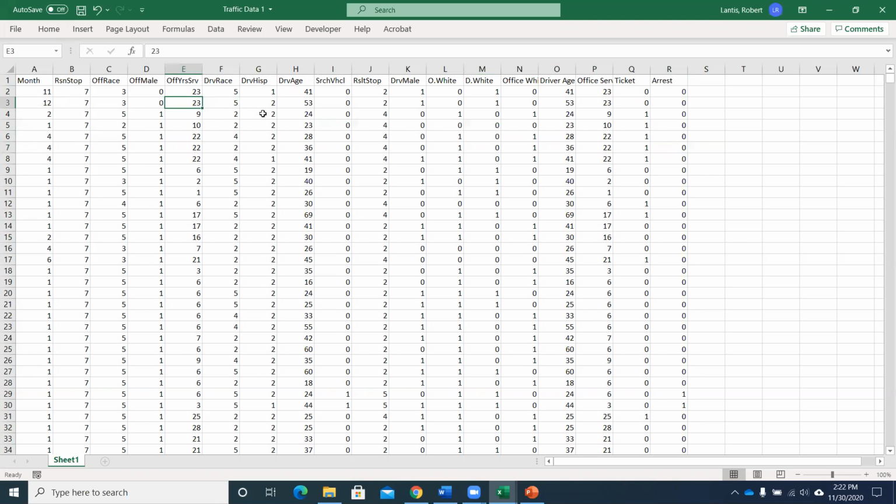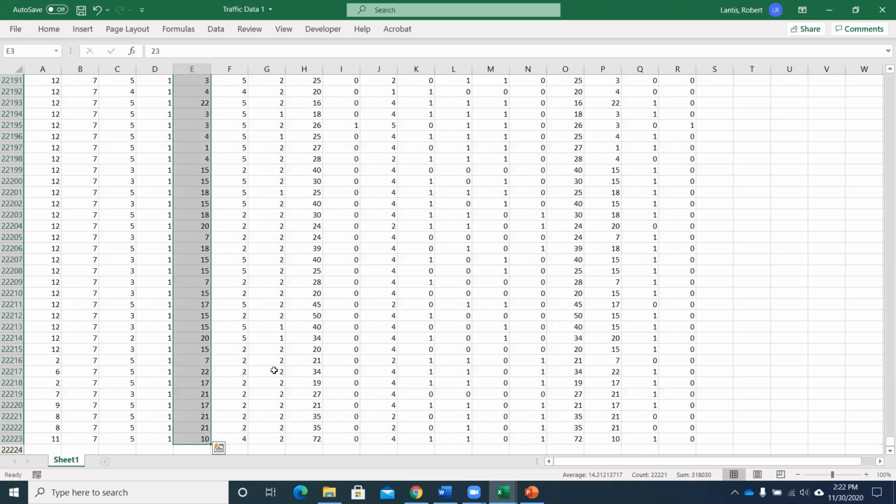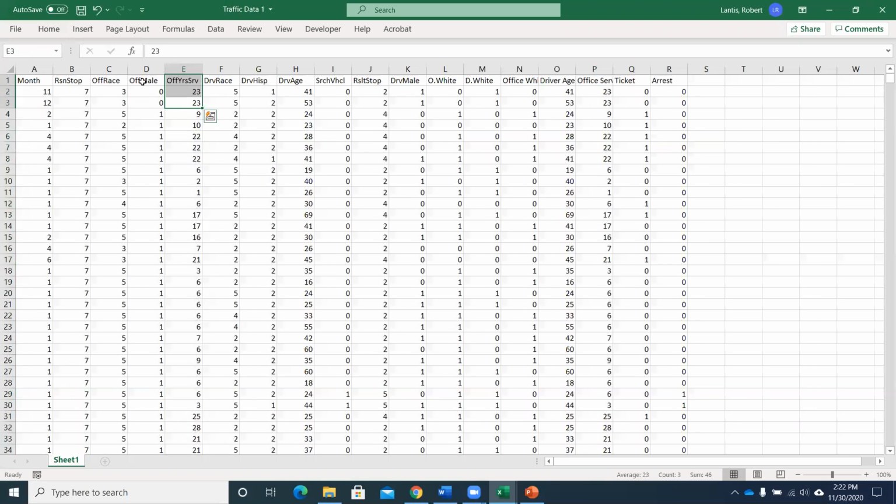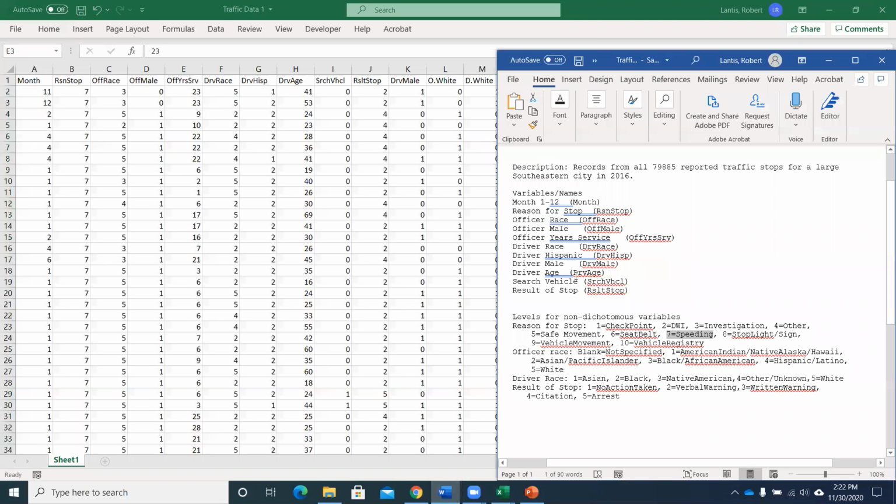I think here I've got 22,000 observations, right? Originally it was like 70 or 80,000 observations, but I only took out traffic stops where the reason they were pulled over was speeding, right?